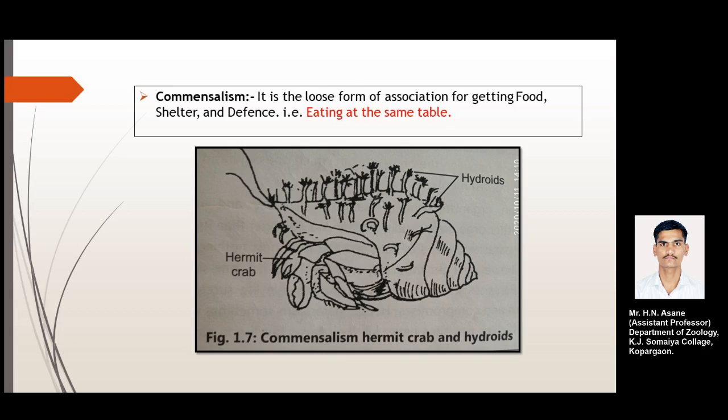Okay, so you are going to see one picture over here, that is commensalism between the hermit crab and the hydroid. These hydroids settle on the shell of the hermit crab.